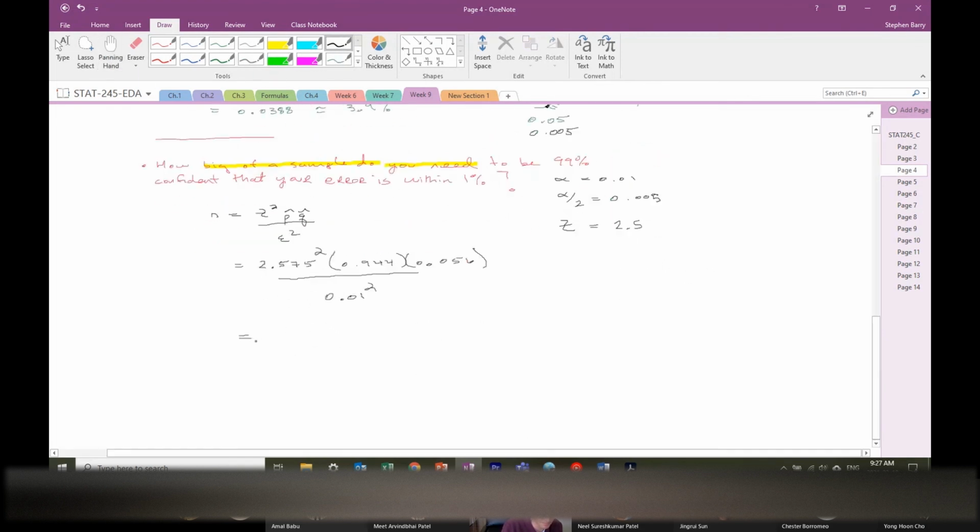This is going to be 3,505.2 people. And as I mentioned last class, make sure you round this up because it's a discrete value. So the answer would be, we need to test a minimum of 3,506 people to be this confident.